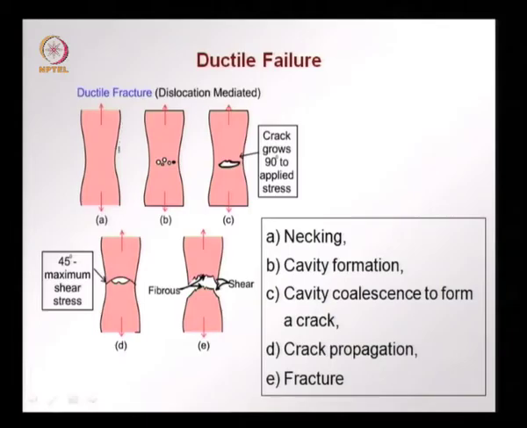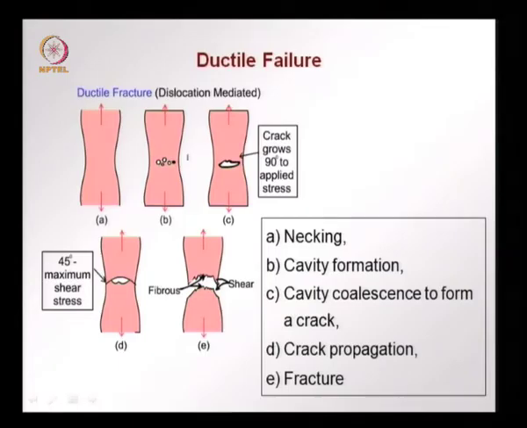This is what is usually called a dog bone specimen, where there is a section with a lower width where failure would occur, so that we can monitor more easily, and which is also far away from where the specimen is gripped. So, here cavities would form as the dislocations start moving.